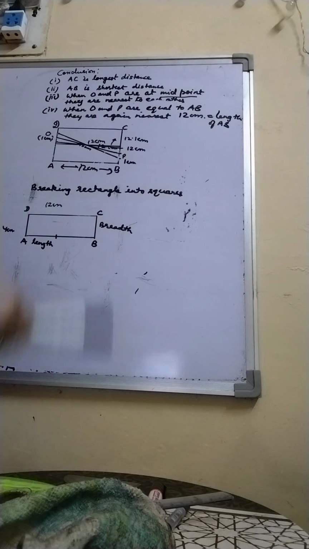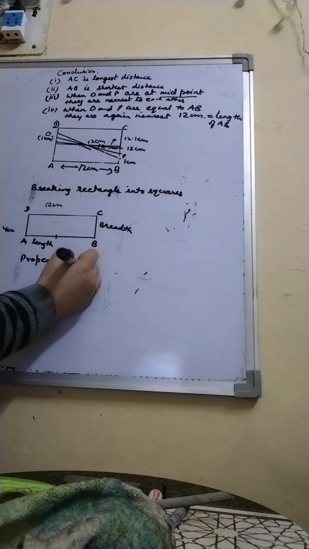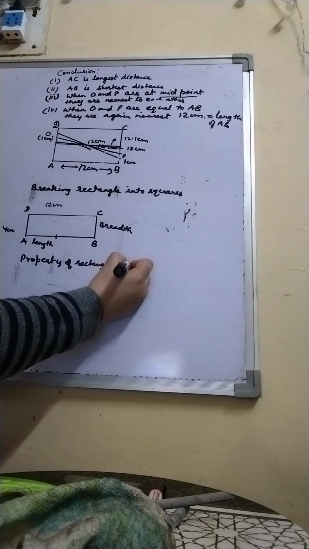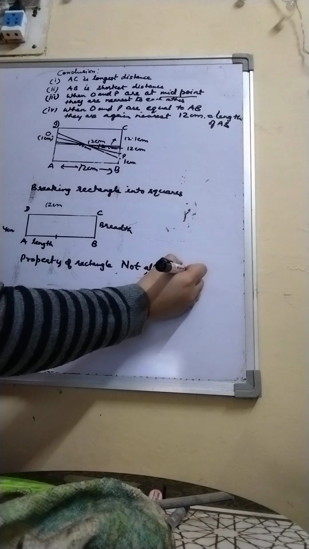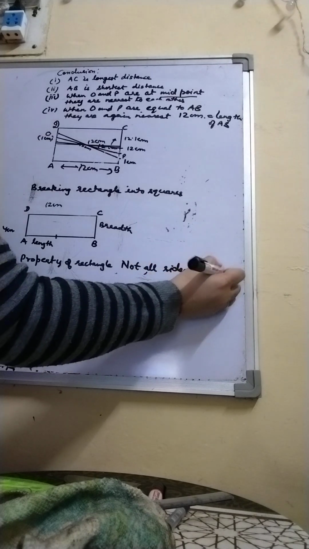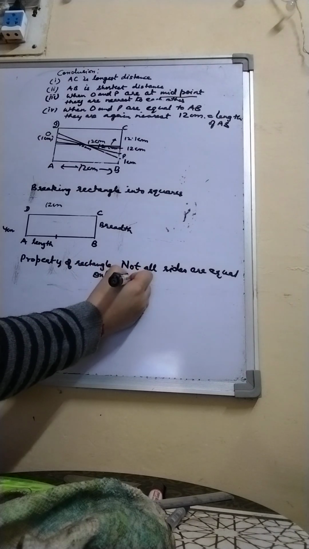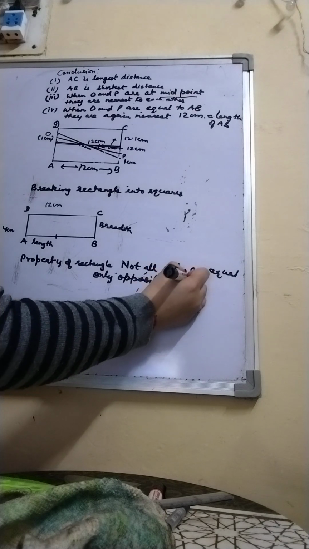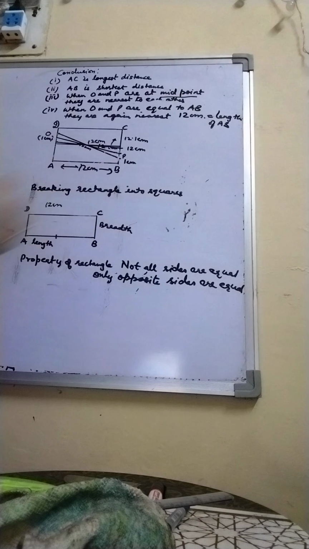What is the property of square? Here you would use the property. Property of rectangle is not all sides are equal. Only opposite sides are equal. Okay.